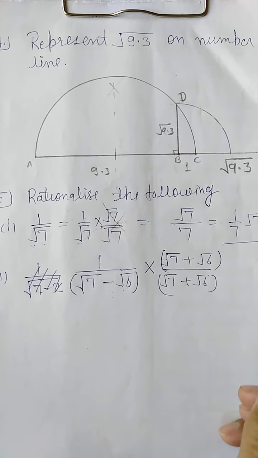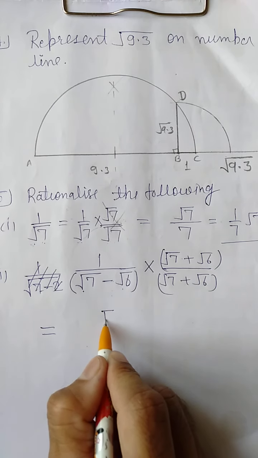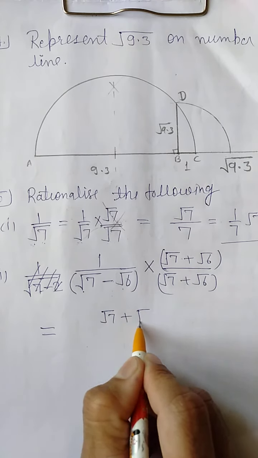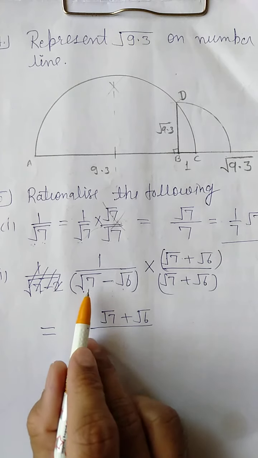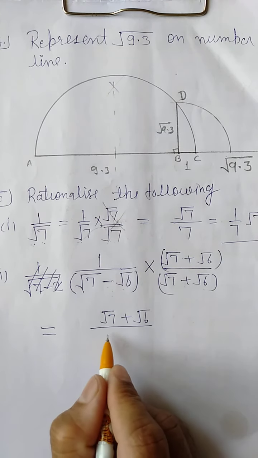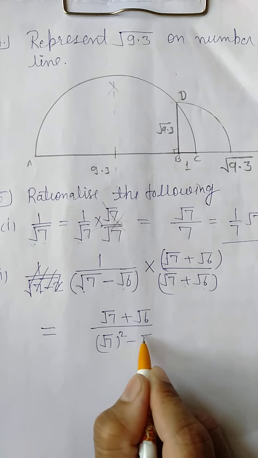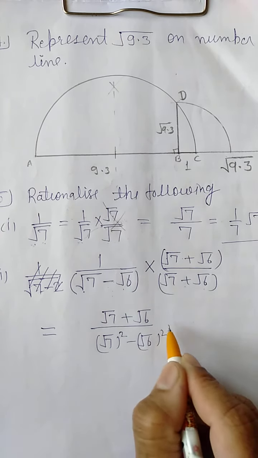In numerator and denominator we will multiply by the same number. Now see what will come. Root 7 plus root 6 upon, a minus b into a plus b is equal to a square minus b square, means root 7 square minus root 6 square.